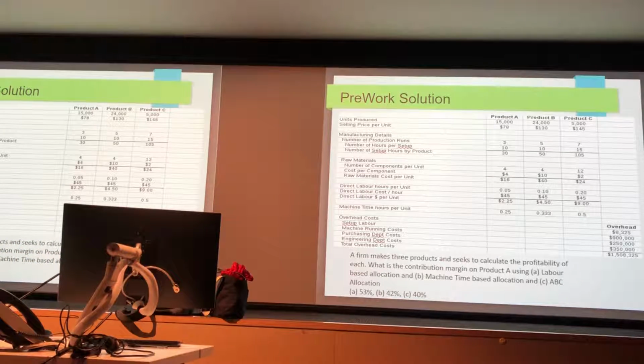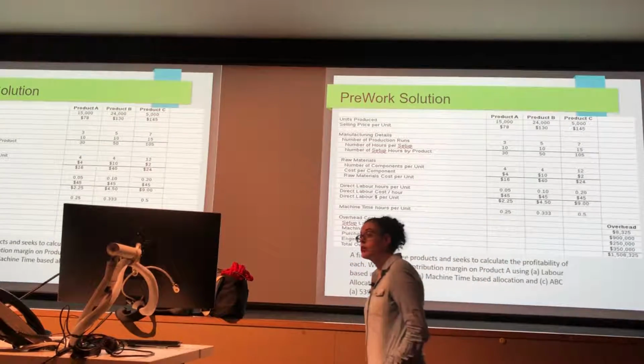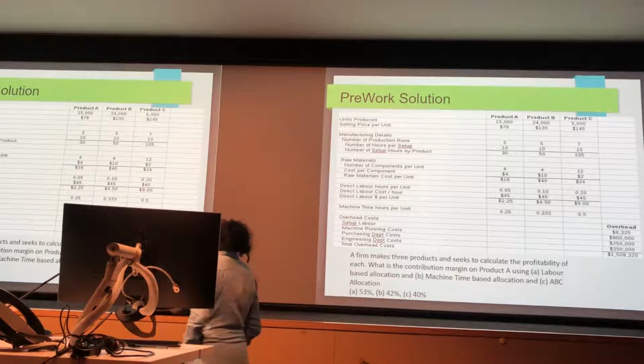Everybody gives them the numbers and then they order it wherever we order from. What would be the most appropriate allocation base? Raw materials cost per unit.